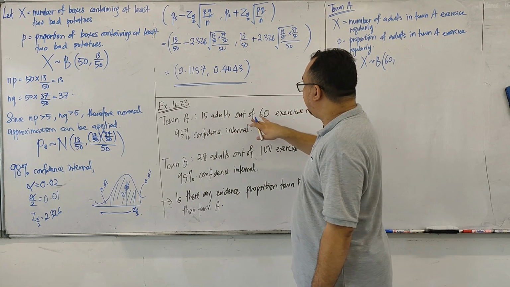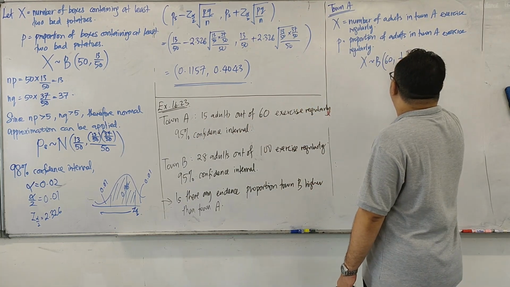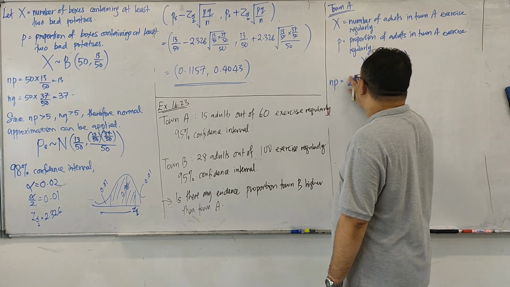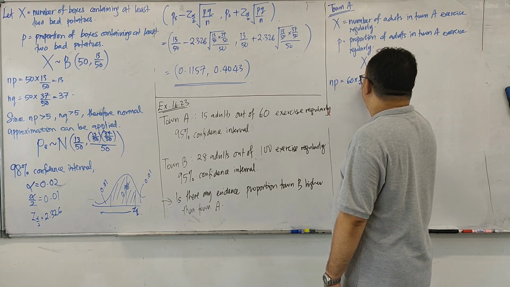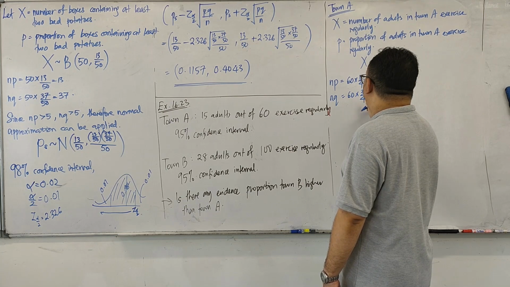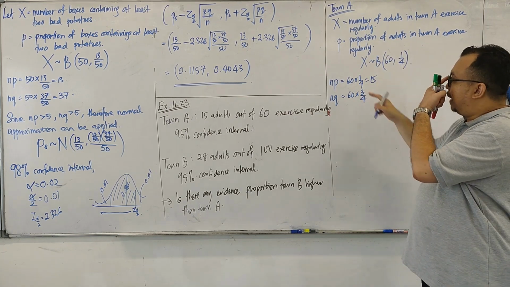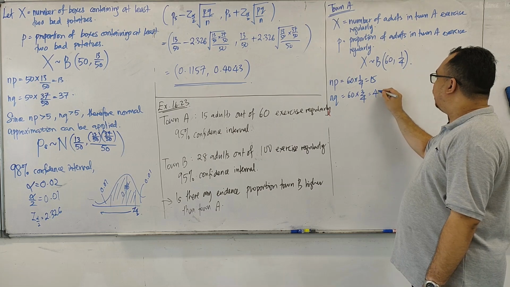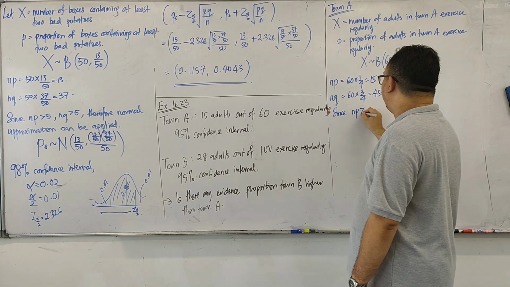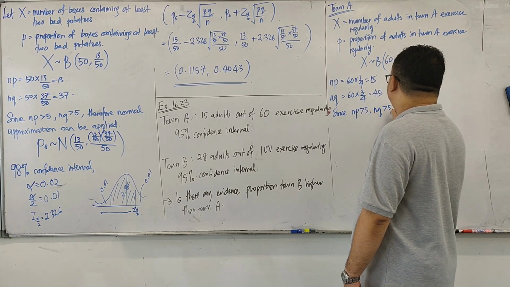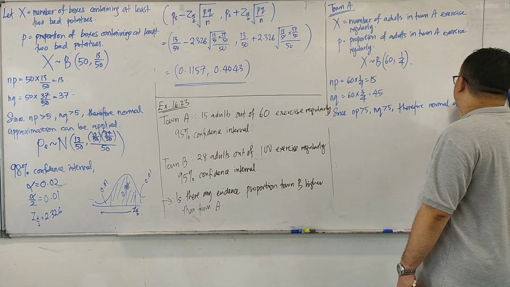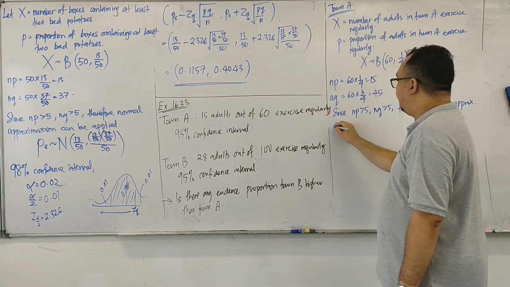My P is 15 out of 60, which is 1/4. And then I check NP, which is 1/4 times 60, which is 15. NQ is 60 times 3/4. How do I get 3/4? 1 minus 1/4, which is 45. So you write down your conclusion. Since NP more than 5, NQ more than 5, therefore normal approximation can be applied.